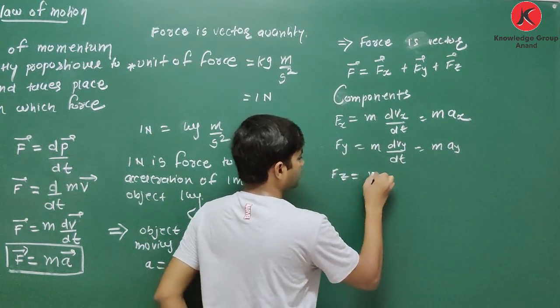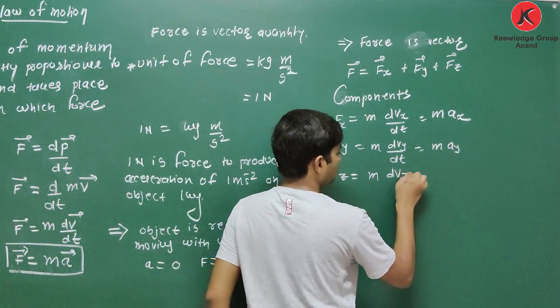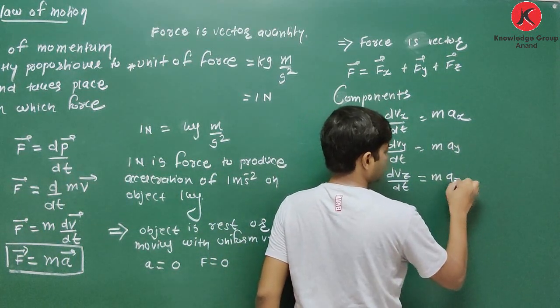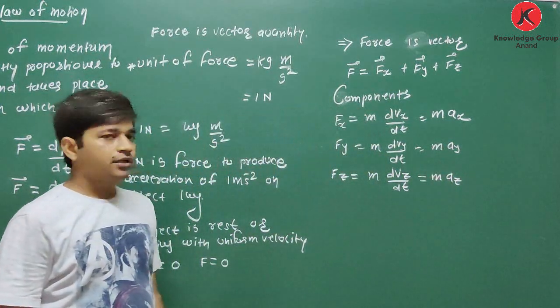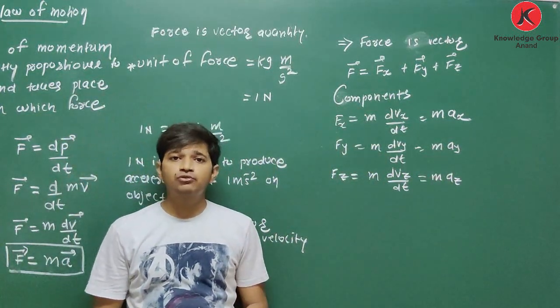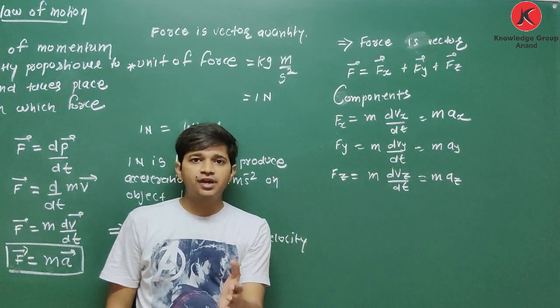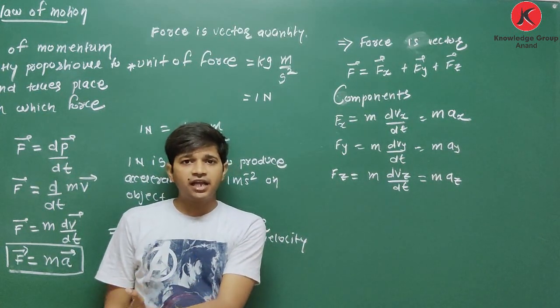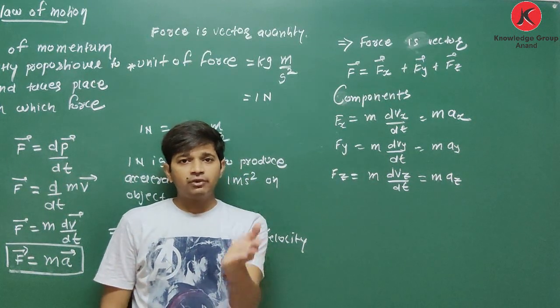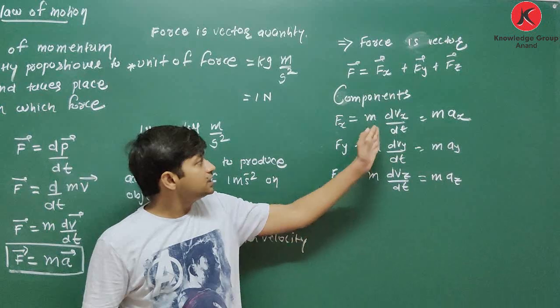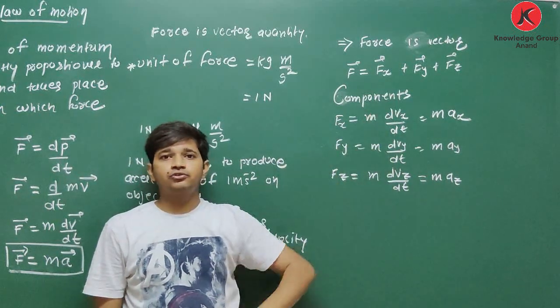Fz is m dvz upon dt is equal to m az. If you remember chapter number 4, from position vector we can write velocity vector, from velocity vector we can write acceleration vector. Similarly, from acceleration vector we can write force vector. So these are the components of forces.